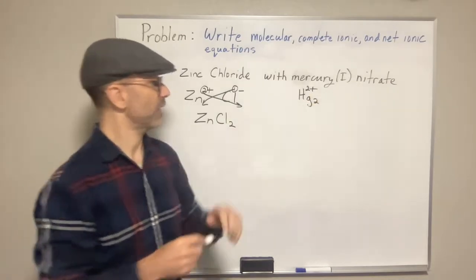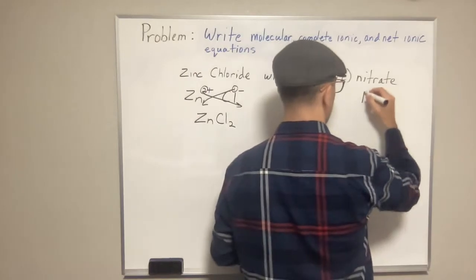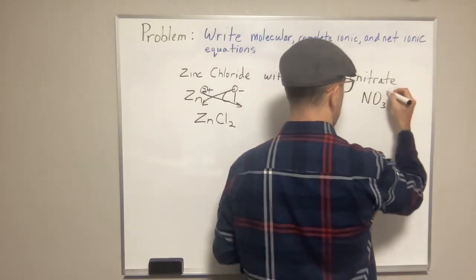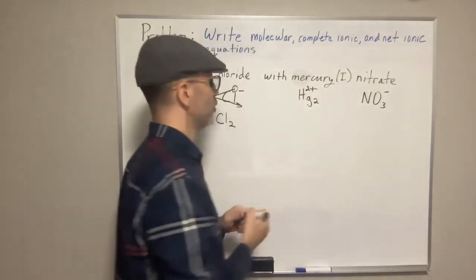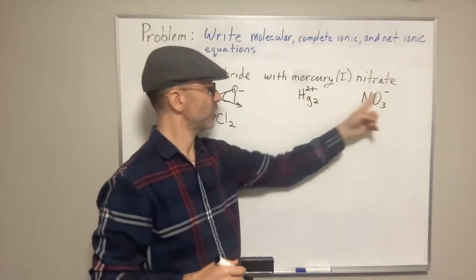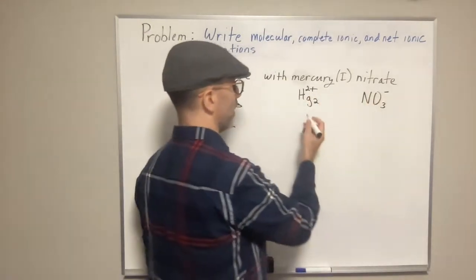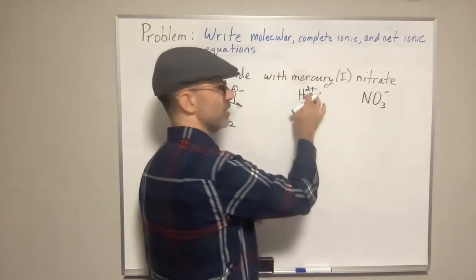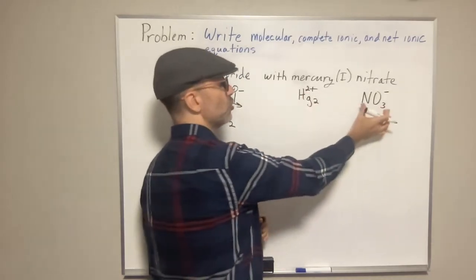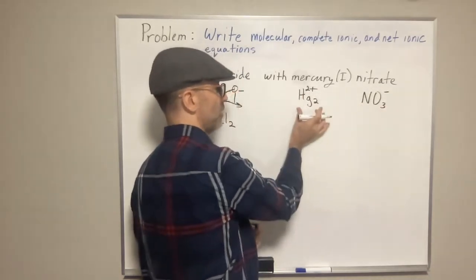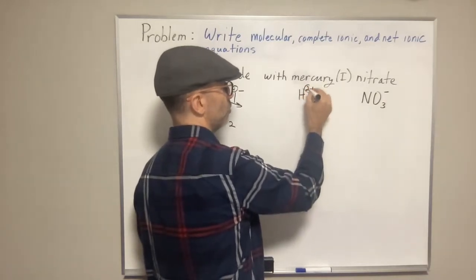So nitrate is NO3, and that has a minus charge. And so once again, you have to balance the charge. This has a -1, this has a +2. So I'm going to need 2 nitrates to balance this. And again, you could do the crisscross method, right?